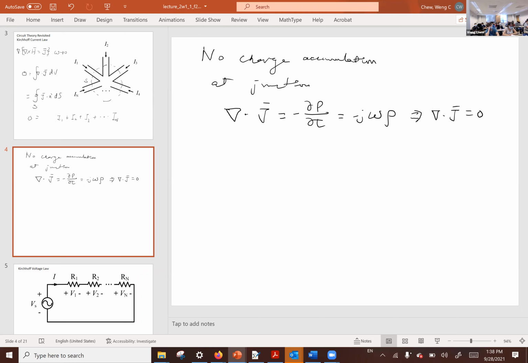But we are assuming that the charge accumulation is so little and the frequency so low that we can assume that this is essentially 0. And then we have Kirchhoff Current Law. So Kirchhoff Current Law goes through when there's no charge accumulation in the junction.